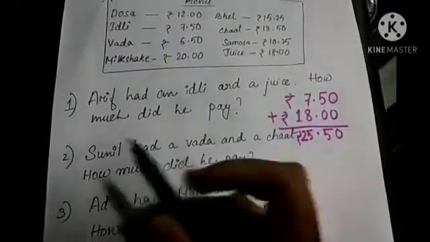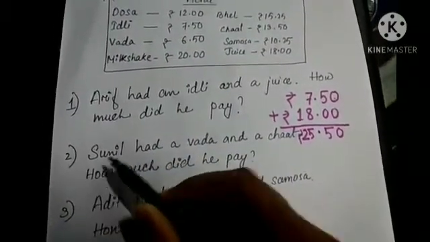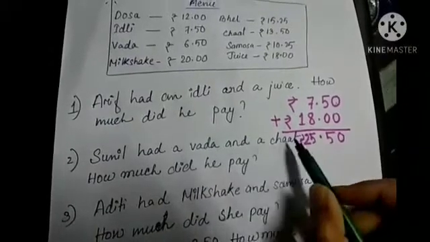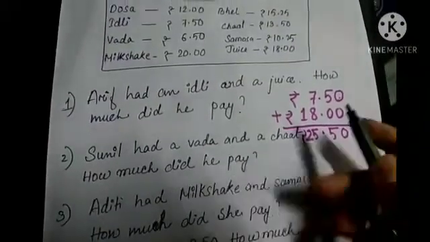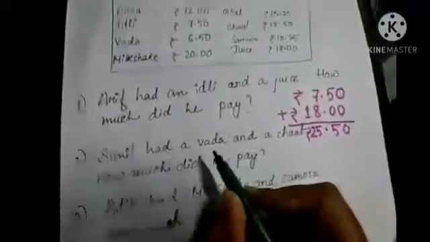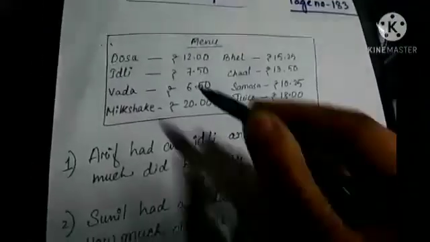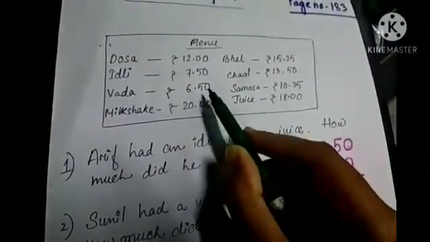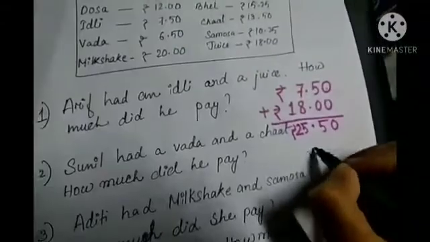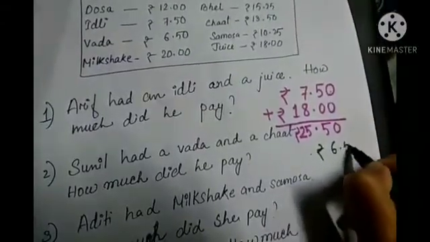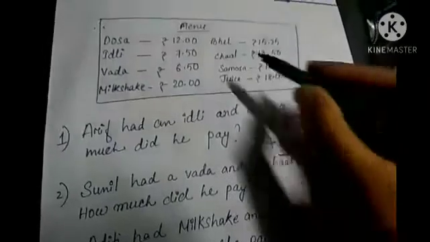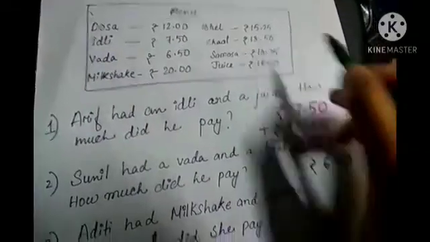Now let's see question number 2. Sunil had a vada and a chaat. How much did he pay? Same question, but the items are different. Vada is rupees 6.50, and chaat is 13 rupees 50 paise.